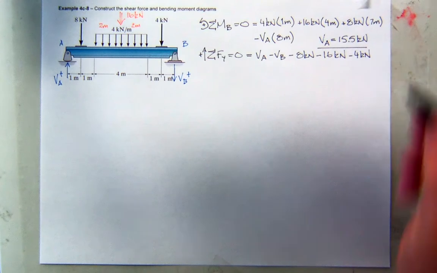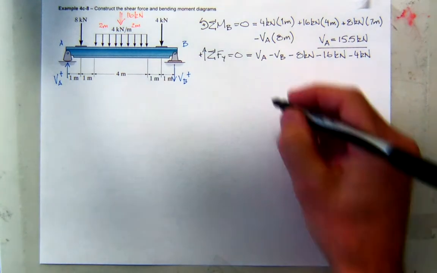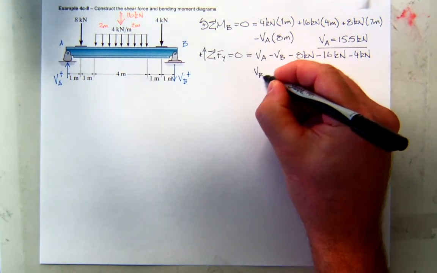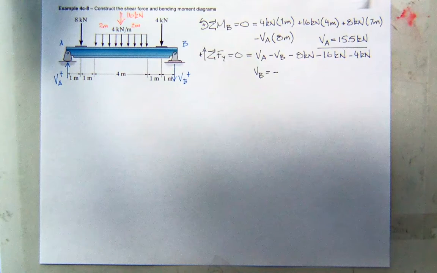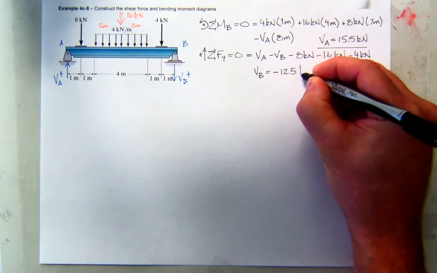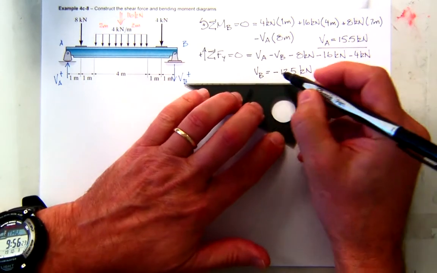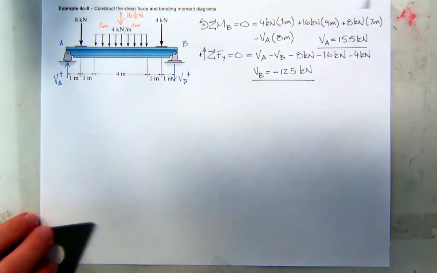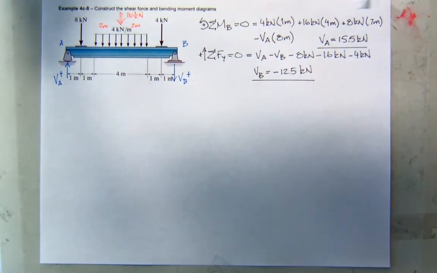So the shear at B should be negative. And what should it be? 12.5? Is that right? I just did a quick summation in my head. Okay? Any questions about that?